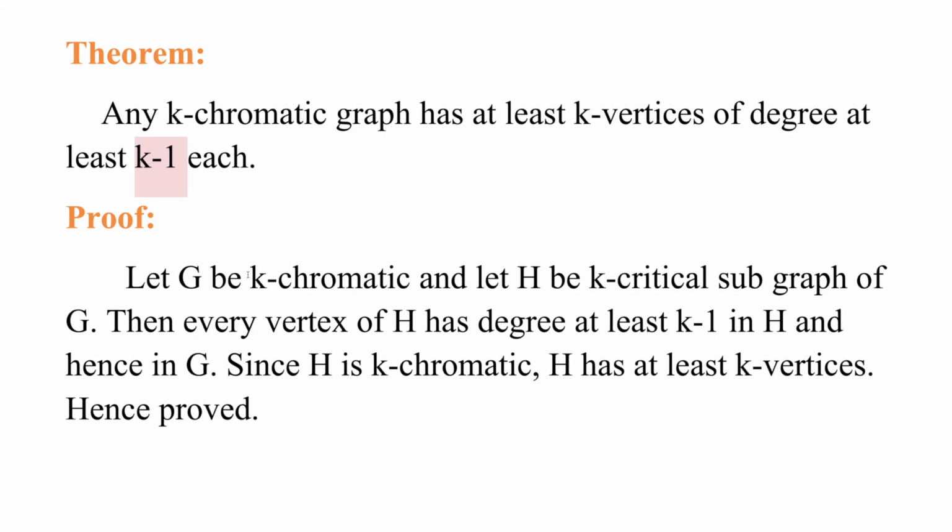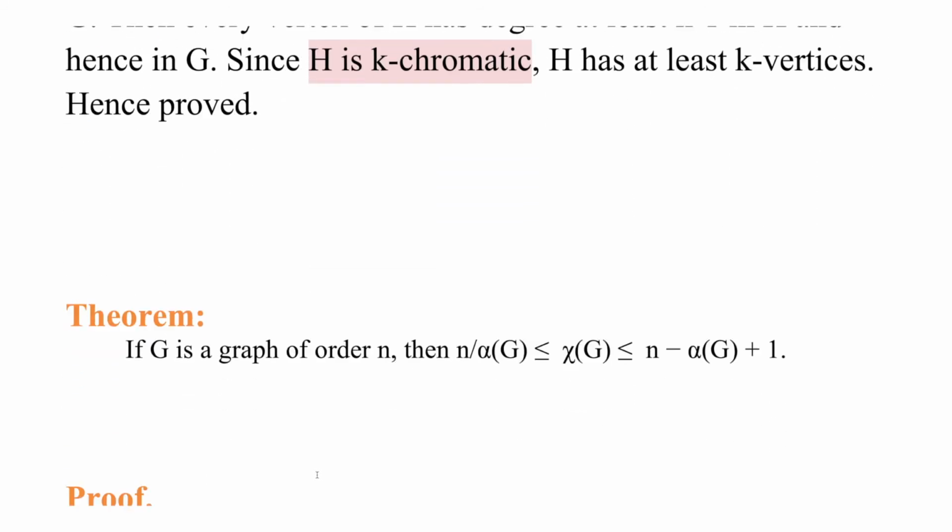For this, we are going to take a k chromatic graph G and let H be a k critical subgraph of that graph G. Then, every vertex of H has degree at least k minus 1 in H and hence in G. Since H is k chromatic, H has at least k vertices, hence we prove the theorem.